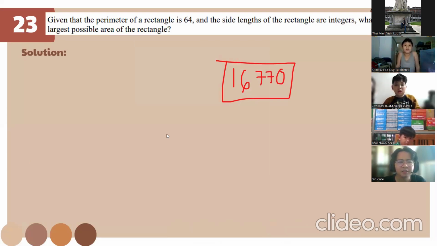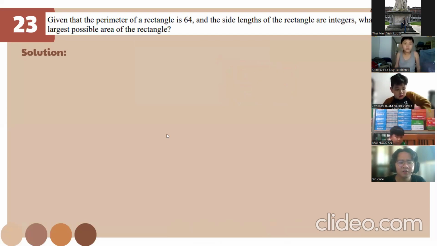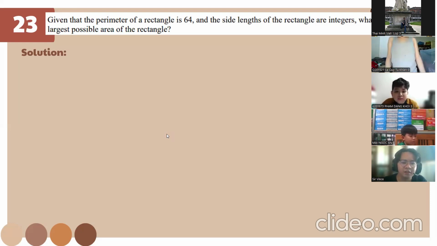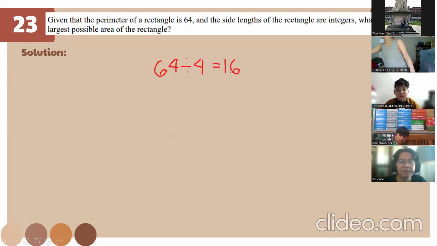So for this one, class, 23. The question is asking, given that the perimeter of a rectangle is 64, the side lengths of the rectangle are integers, what is the largest possible area of the rectangle? So for this one, we can just say 64 divided by 4, and we'll have 16.